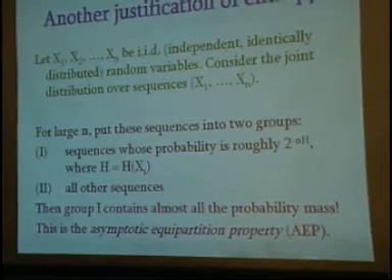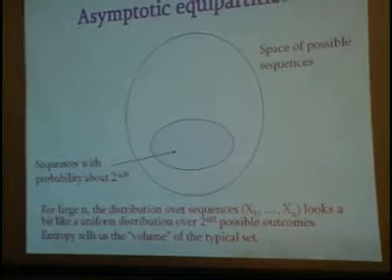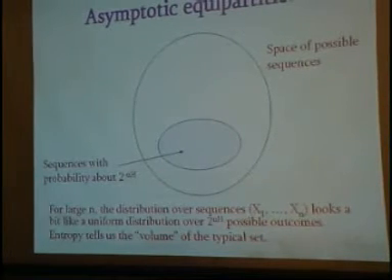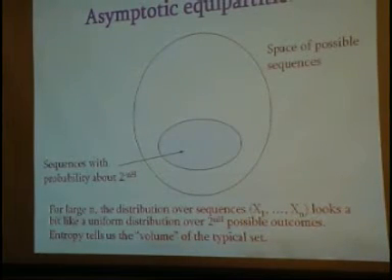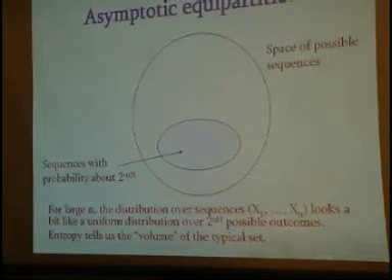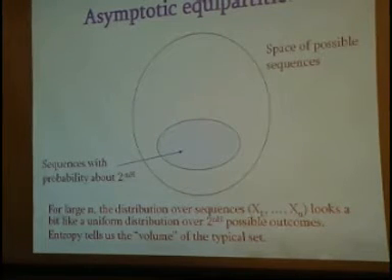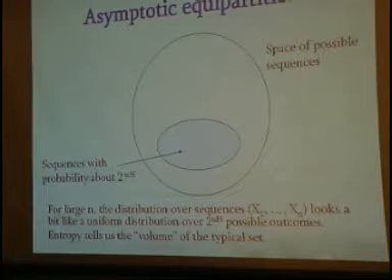This is called the asymptotic equipartition property. What this is saying is that if you look at the space of all the sequences that you can possibly generate, in the case of a coin with, say, bias 3/4, this is all 2 to the n sequences. These are all the sequences of zeros and ones you can possibly generate.